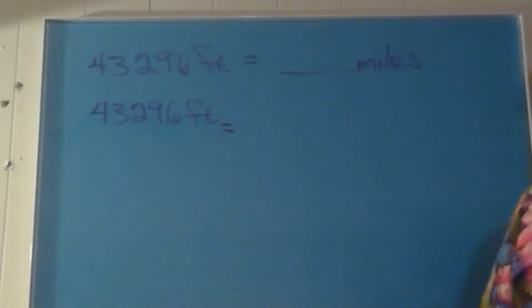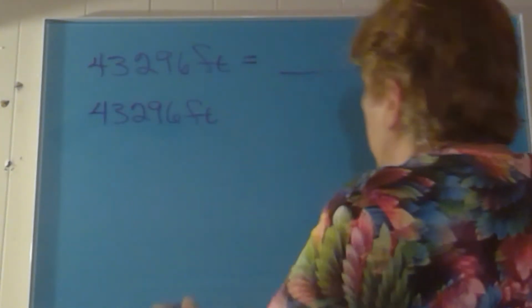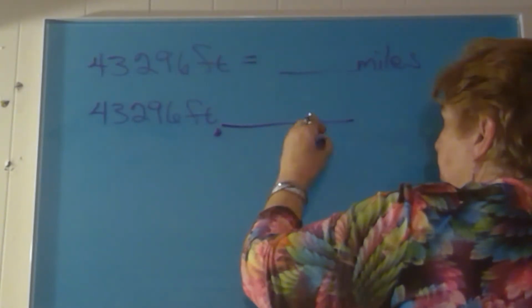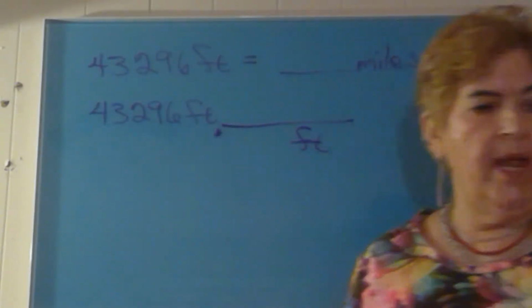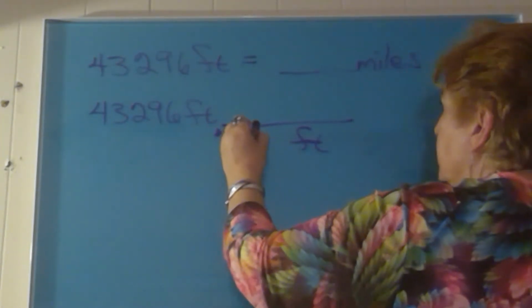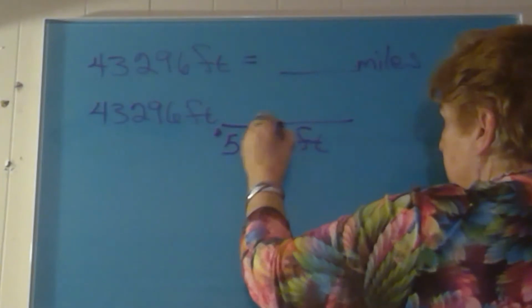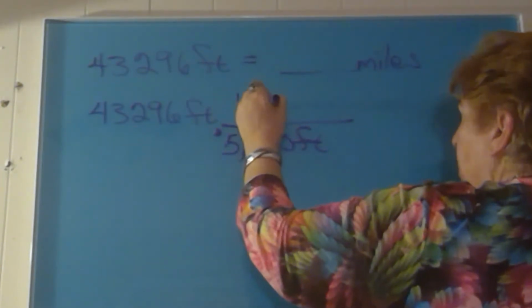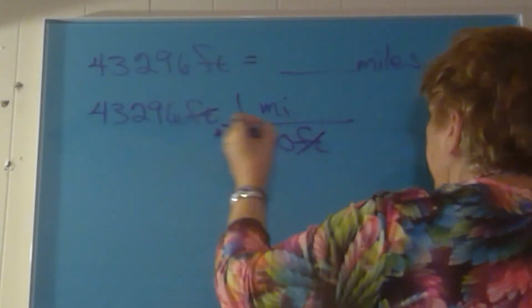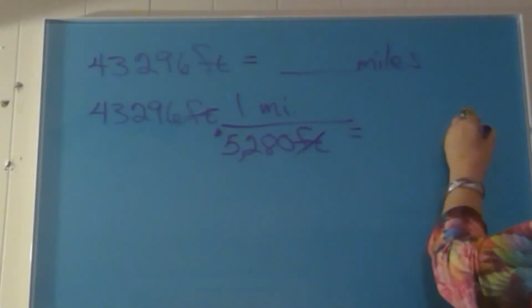Remember, that's not an equal sign. We're going to multiply by a conversion factor, and we need feet in the bottom so that that will divide out. We know that there are 5,280 feet in 1 mile. The feet divide out, and that's going to leave me with the number of miles.